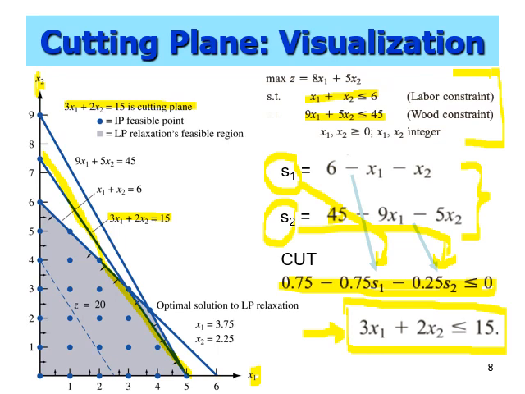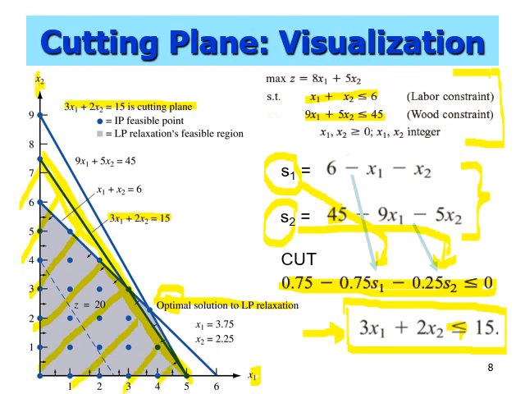What does it cut actually, and why is it named the cut constraint? Well, if you really notice this cut constraint, it cuts out the optimal solution to the LP relaxation. See, this point is outside of the cutting plane because the cutting plane sign is less than or equal to, so the feasible region will be this area.